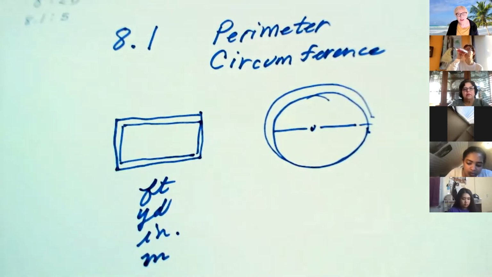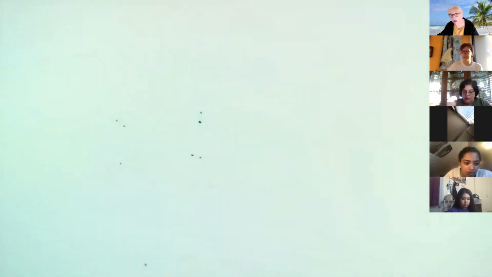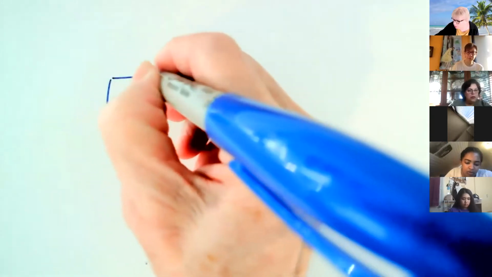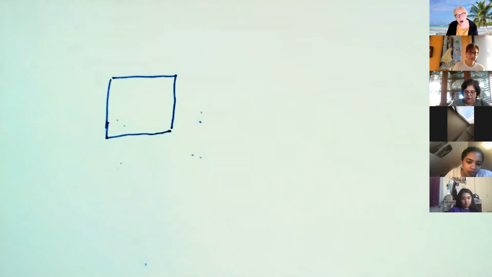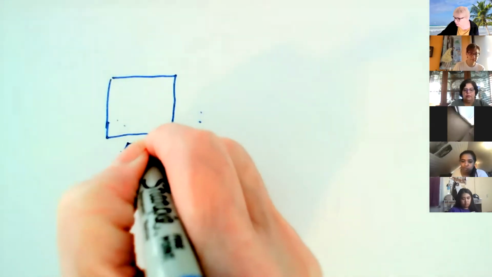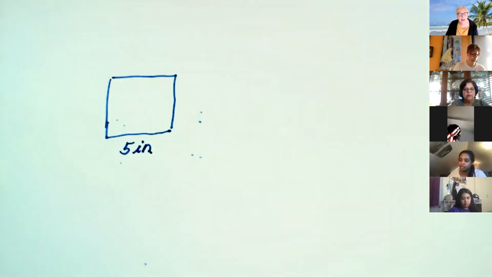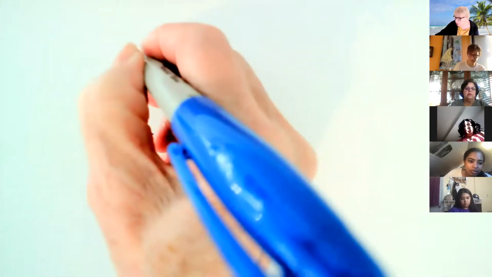So what we need to do is start looking at various shapes, and this is all about perimeter. I'm going to start with a square. Honestly, if you can draw the picture, you could almost figure out the right formula. With this square, if this side was 5 inches, and somebody said it looks like a square, you know what's going on here.